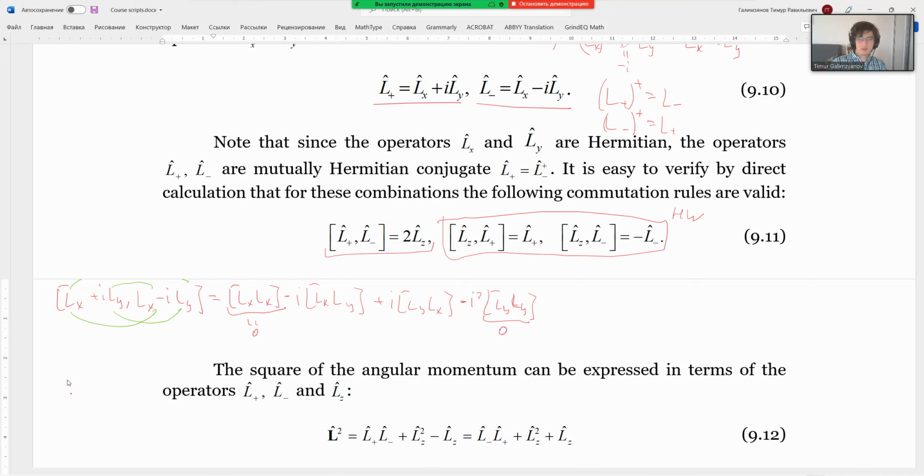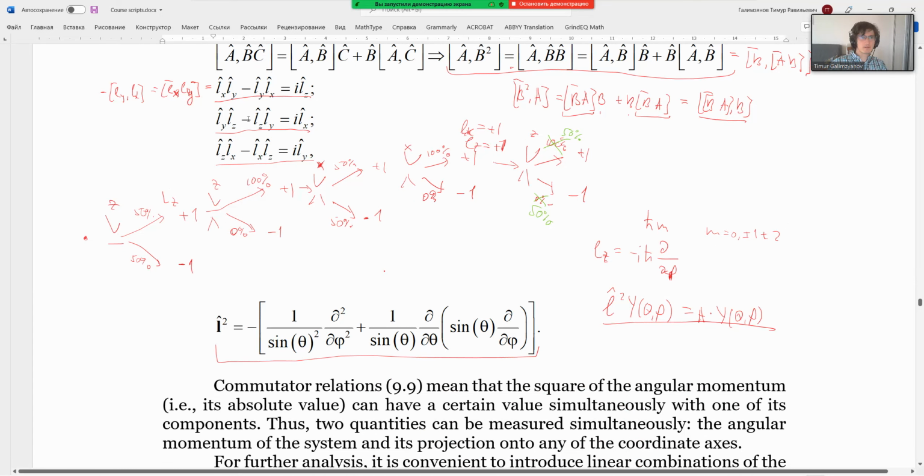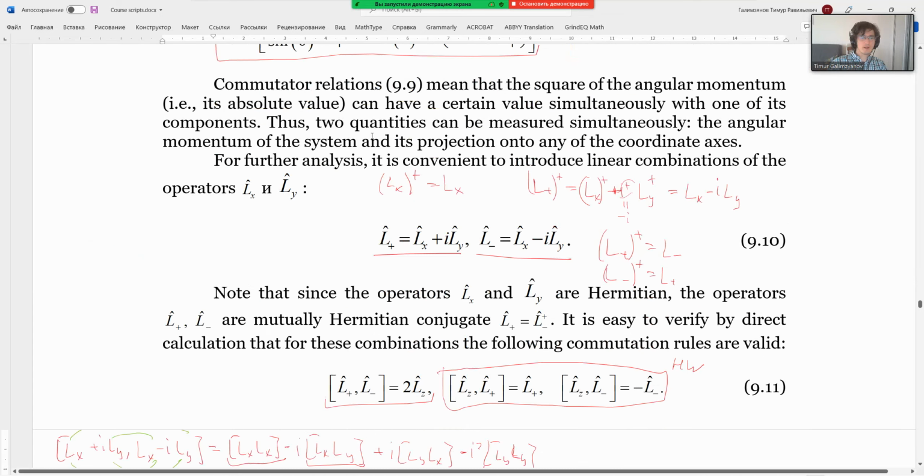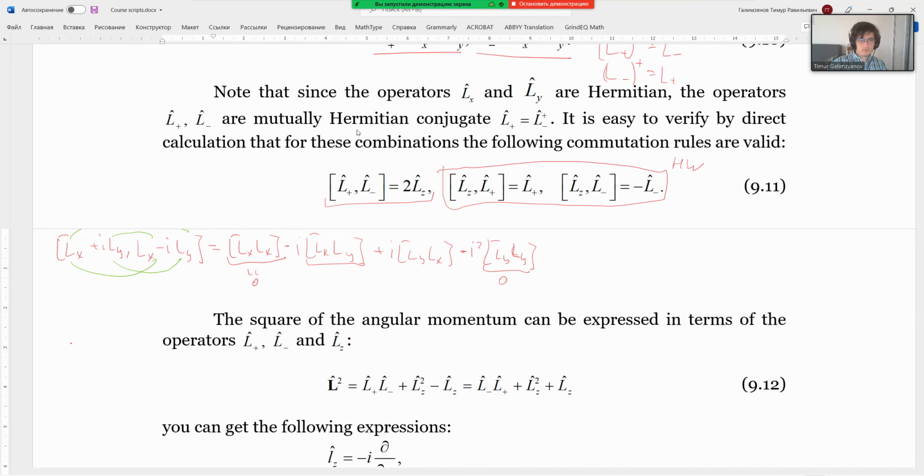For Lx Ly, we remember that the commutator of Lx and Ly equals i Lz, and the commutator of Ly and Lx correspondingly equals minus i Lz.